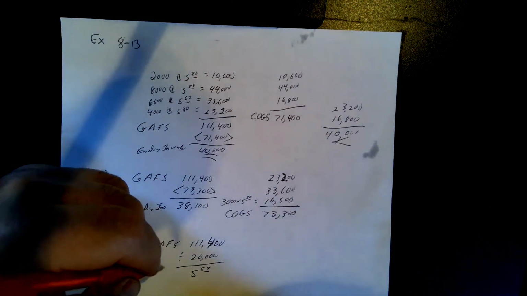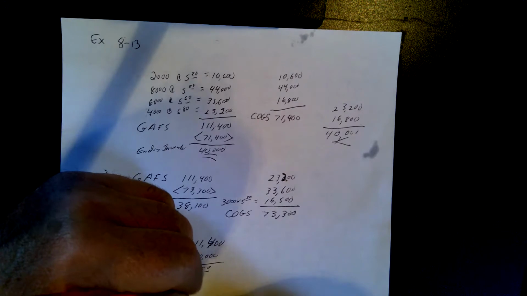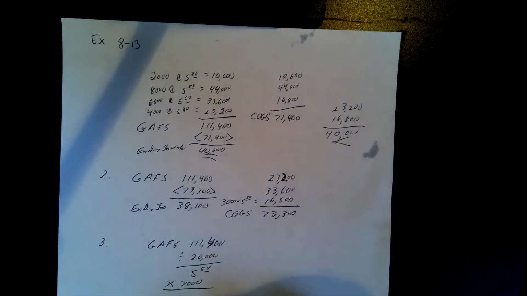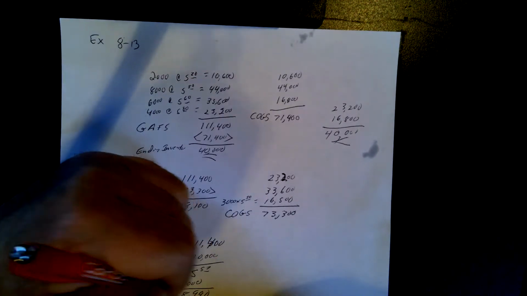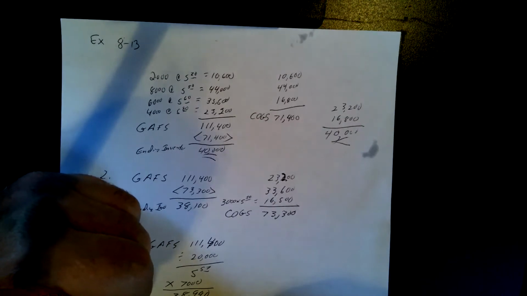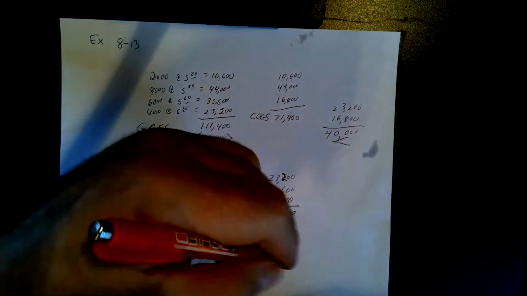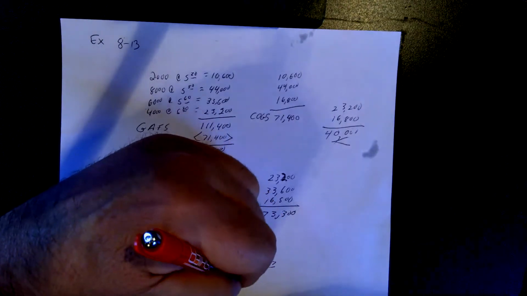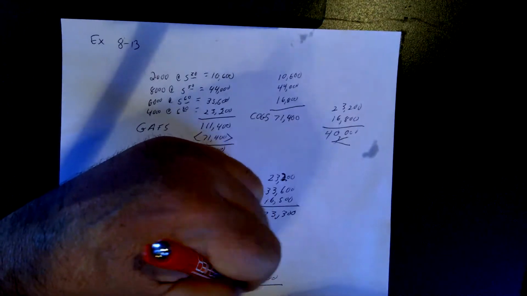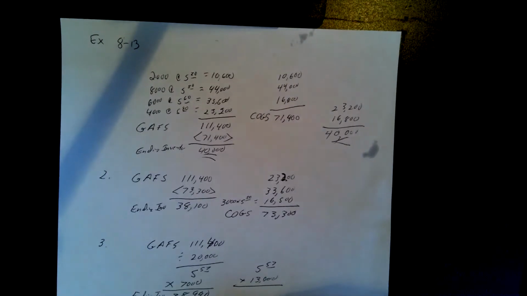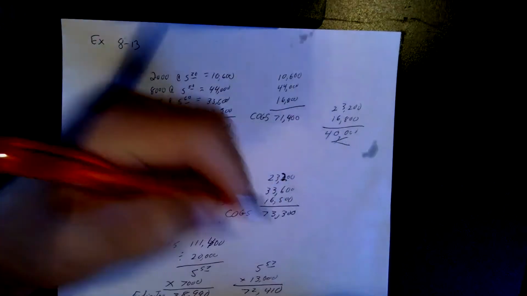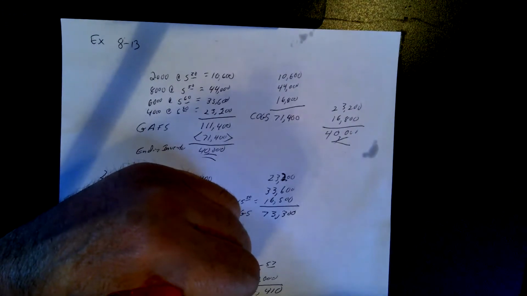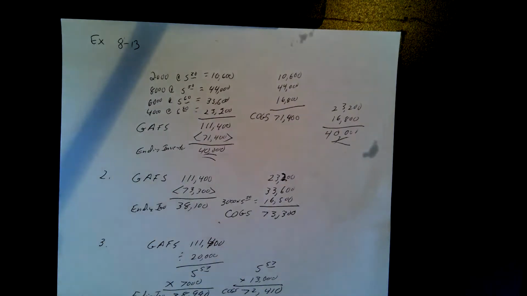So then 5.57 times 7,000 gives us 38,990. That's our ending inventory. We take the 5.57 times the 13,000 sold. And we get 72,410 as cost of goods sold. Okay. All right. So that's part 3.